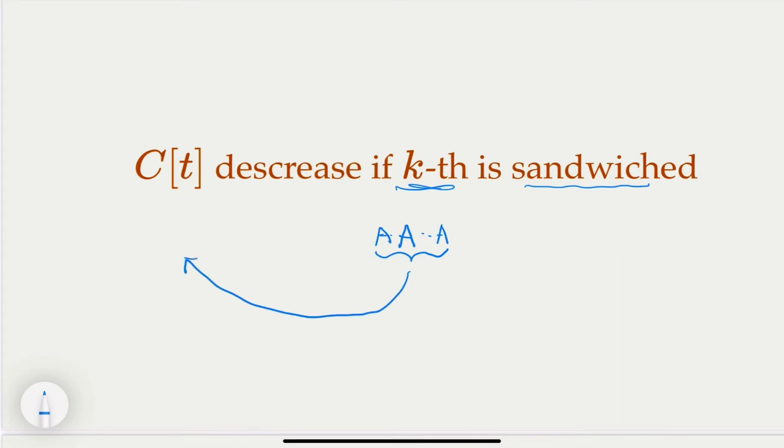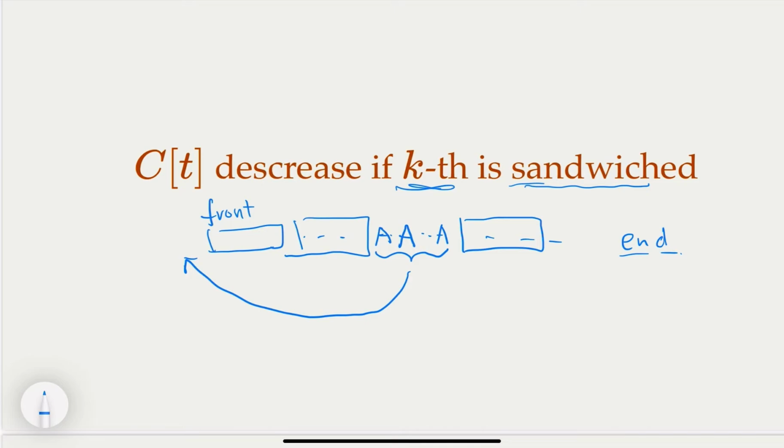This is the front, and this is the end. By sandwich, I mean it has something on the right and something on the left. Of course, there must be type B. So this is called sandwich. In other words, it is sandwiched on both ends by the opposite type.